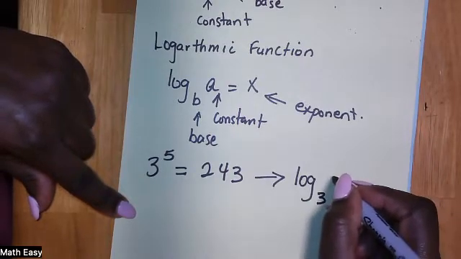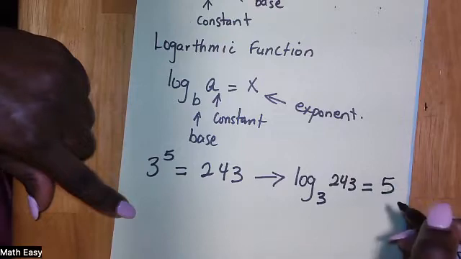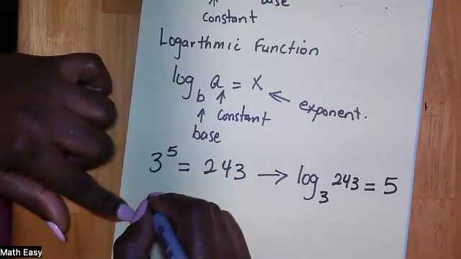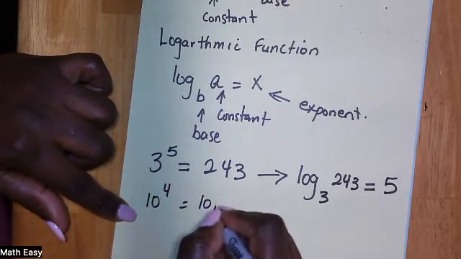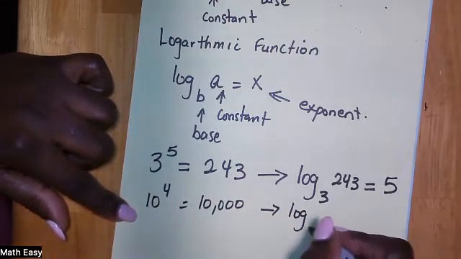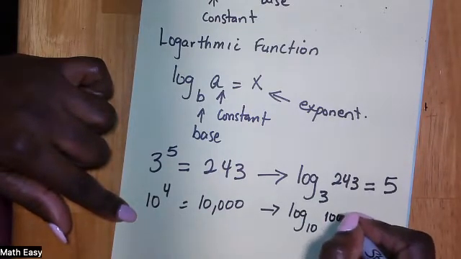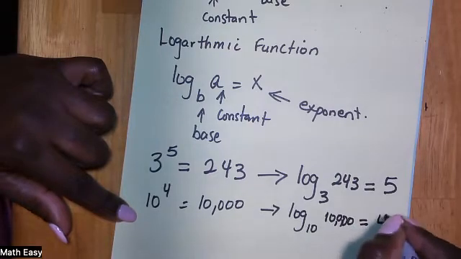We write our constant, and we make that equal to our exponent. Another example. We start with log, write our base next to log, then our constant and our exponent.